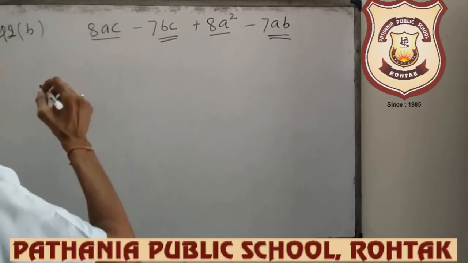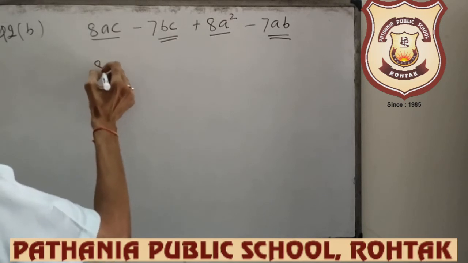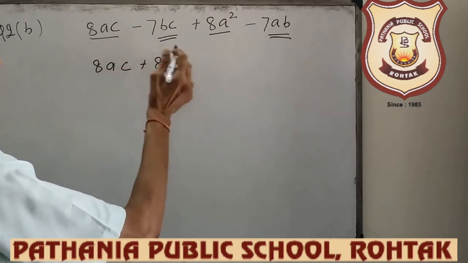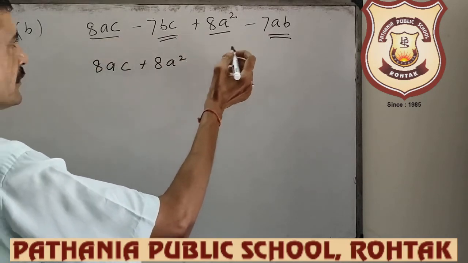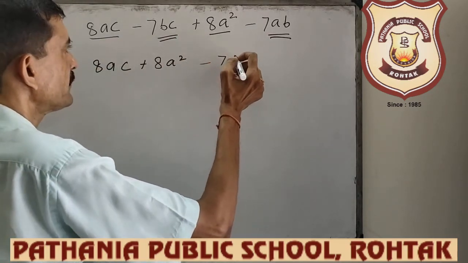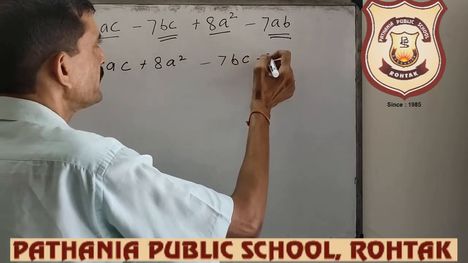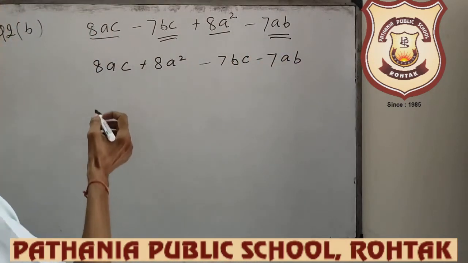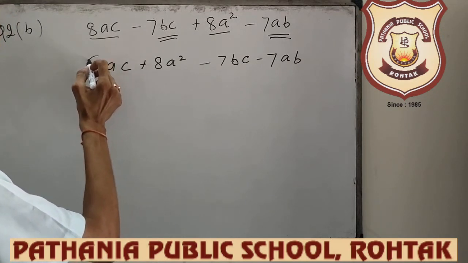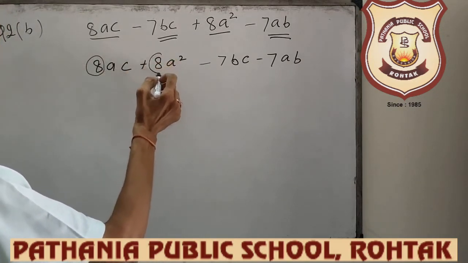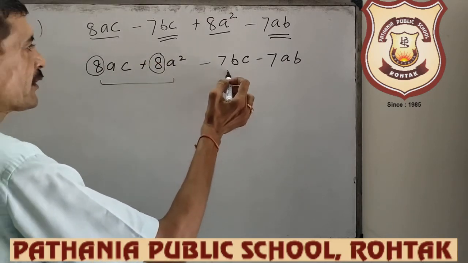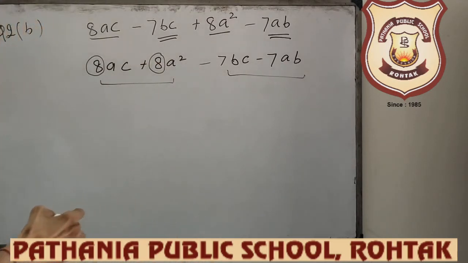Otherwise we can take it as it is also, 8ac प्लस 8a स्क्वेयर, इन दोनों को एक साथ लिख लो, माइनस 7bc माइनस 7ab. तो 8 is directly common. 8 is what you take common from these two and common from these two, then we proceed further.